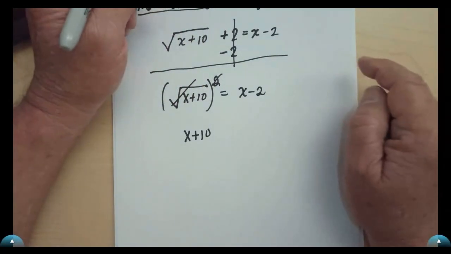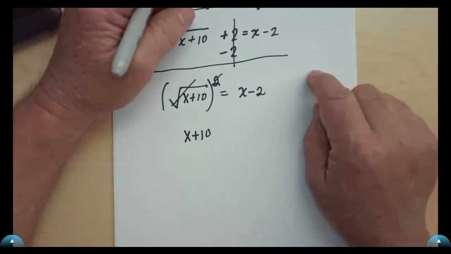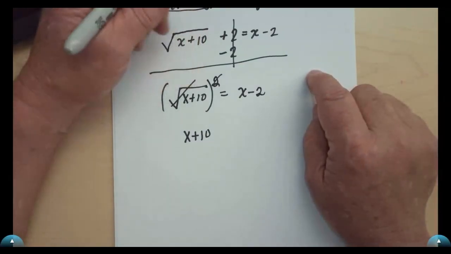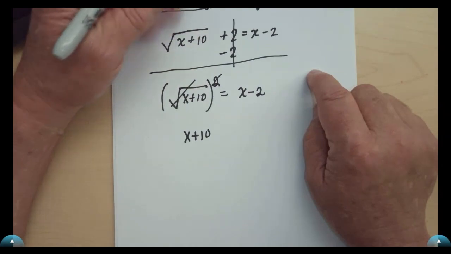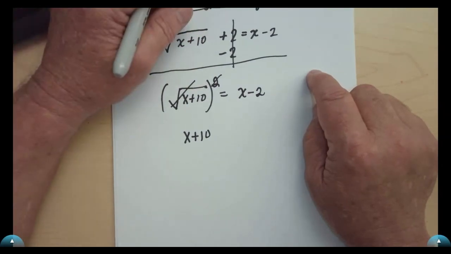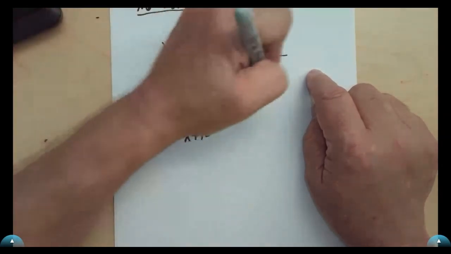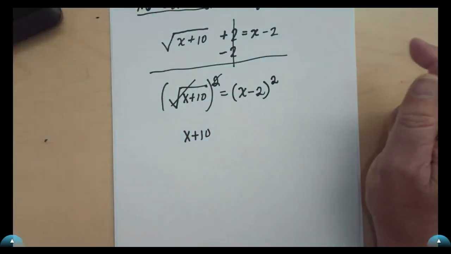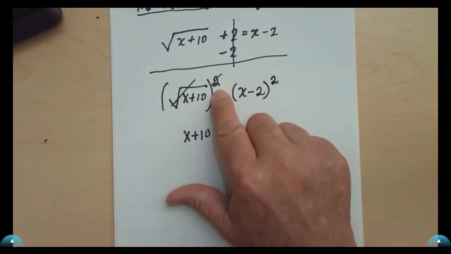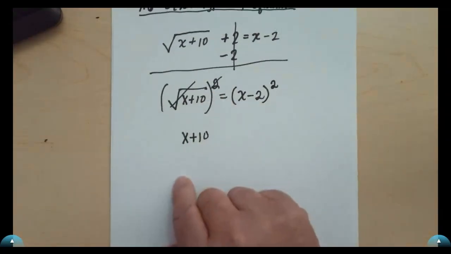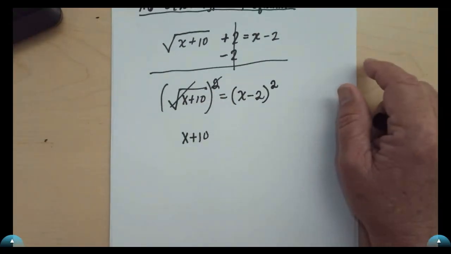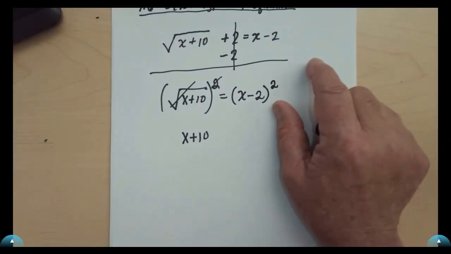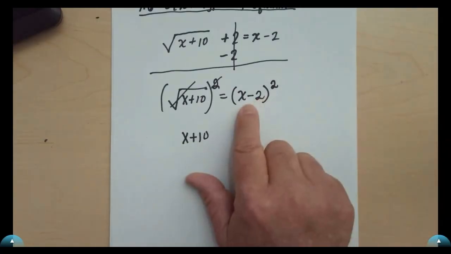Now, we've seen that golden rule of equations. If I square the left side of this equation, what do you figure I also have to do? Square the other side. Yeah. It's actually okay to square the left side of the equation. You can certainly see why we'd want to do it because that gets rid of that square root. But if you square one side of the equation, you have to square the other side. Be careful here.